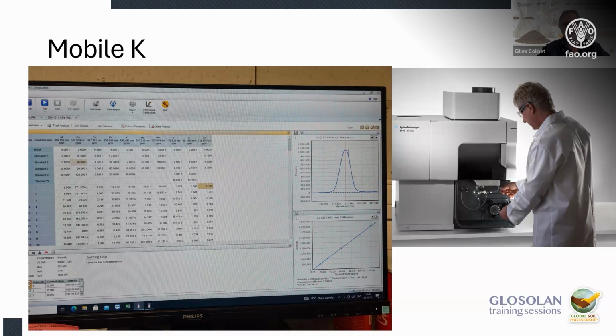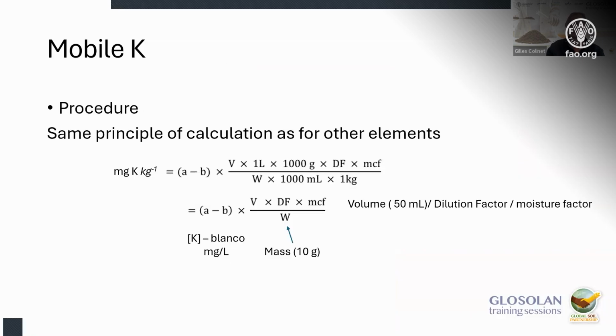While in flame emission or flame absorption, you need to measure the elements one by one. But the apparatus have their own specifications, and sometimes they are more precise in flame absorption than in ICP-OES. So it depends on the elements.